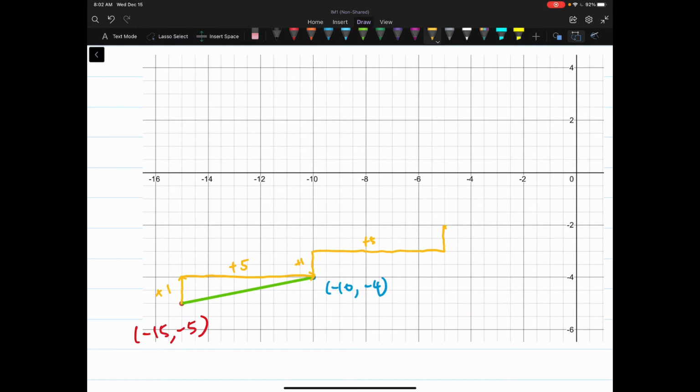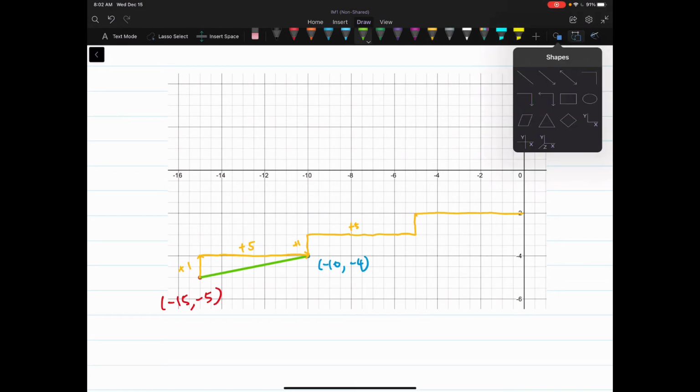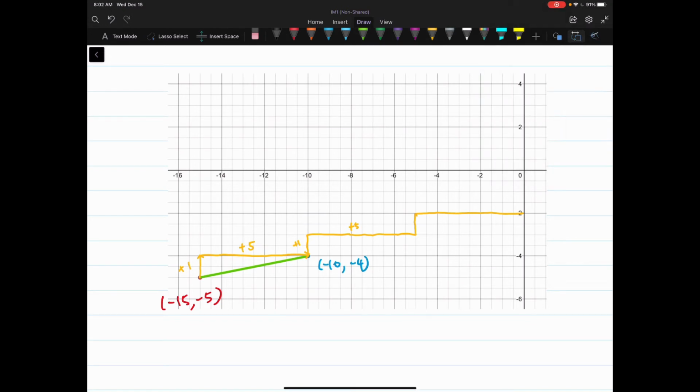Perfect. Look how perfect that lines up, right? Okay, so I'm gonna go ahead and draw this line right here. Okay, so I'm gonna go ahead and draw the rest of the line like so, and voila, we have our full line all the way up to that, right?